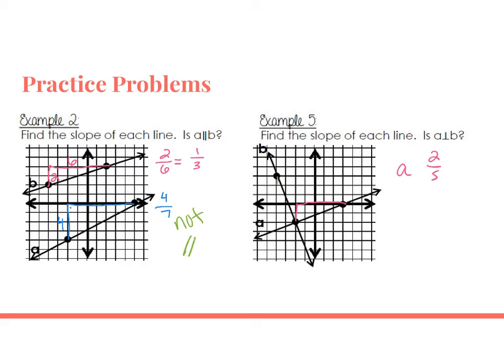B, I'm coming down 1, 2, 3, 4, 5, to the right 2. And these are negative reciprocals, so I know it's going to be perpendicular. But if I multiply them, I get negative 10 over positive 10, which is negative 1. So it passes both tests, so I know that, yes, these are perpendicular.